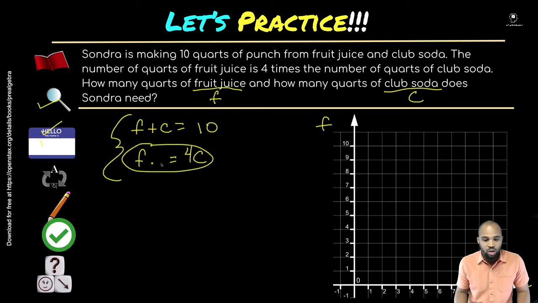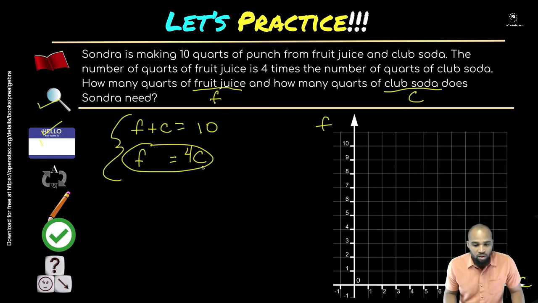This is still in y equals 4x mode, so I can already see what this is going to be like. If I graph this first one, we'll use yellow. It'll be the same as y equals 4x. So my y-intercept would be 0, and I go up 4, 1, 2, 3, 4, and over 1. 1, 2, 3, 4, over 1, and I'm out of space, so that's okay.